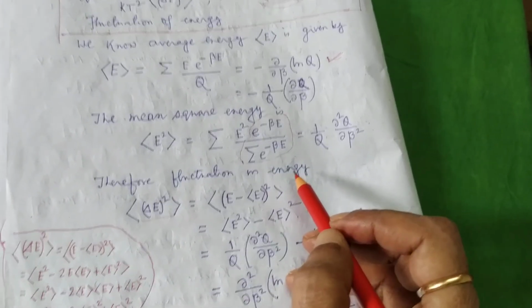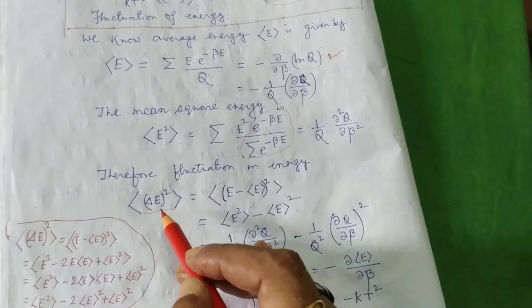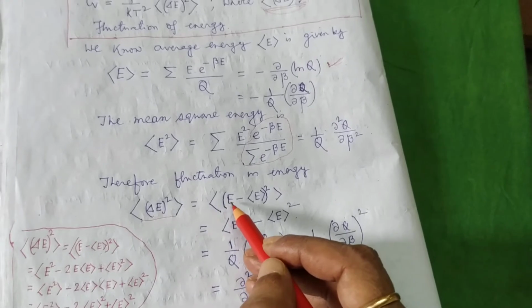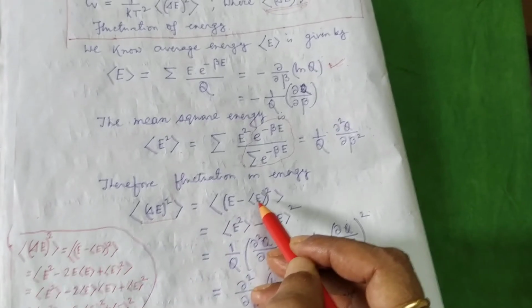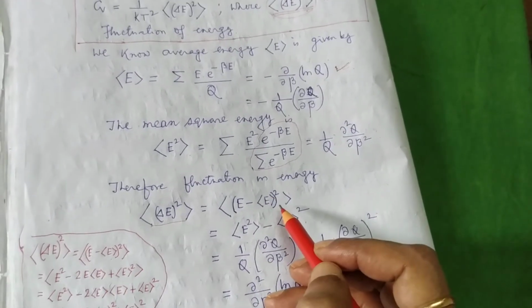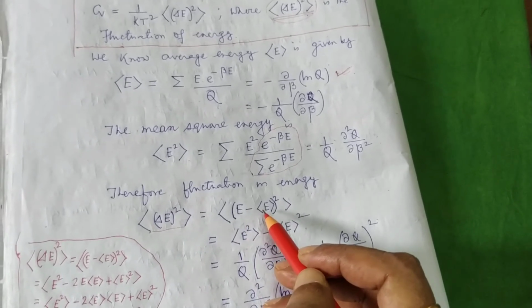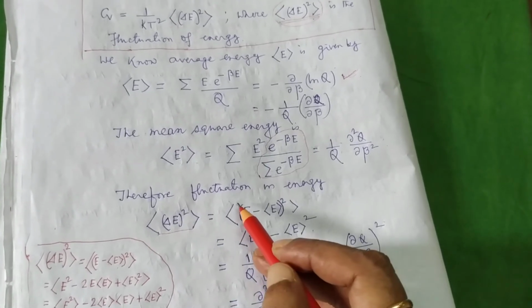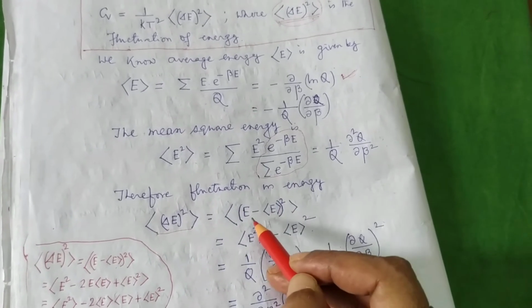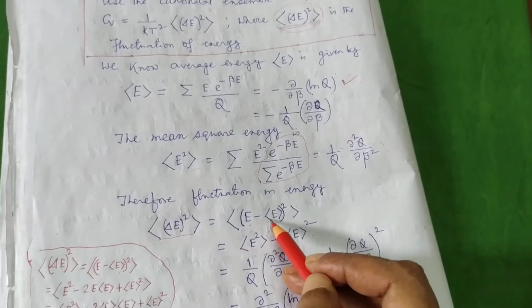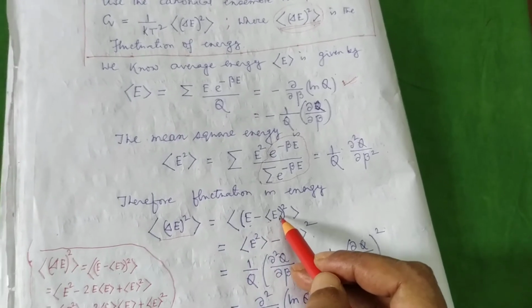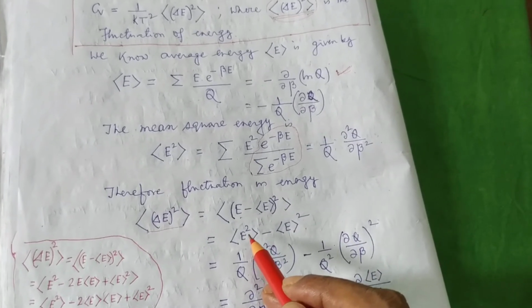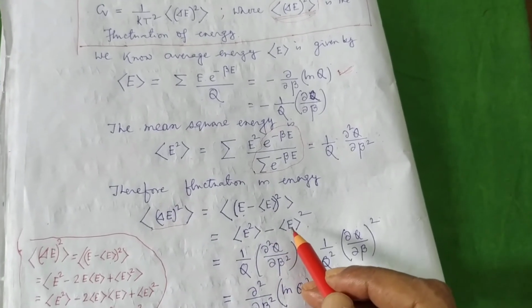Therefore, what is the fluctuation in energy? It equals the average of delta E square, which equals the average of E minus E average, whole square. If we take the average of this, it becomes E square average minus E average square.